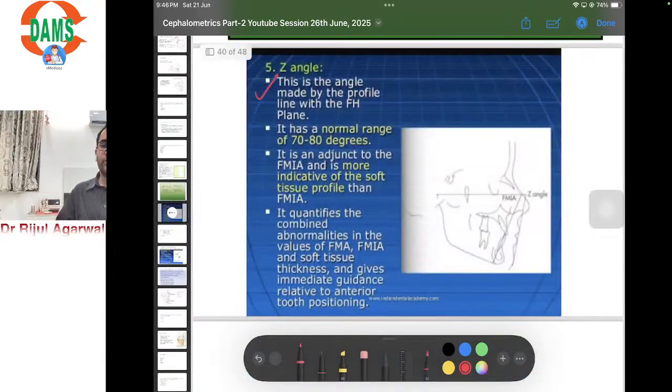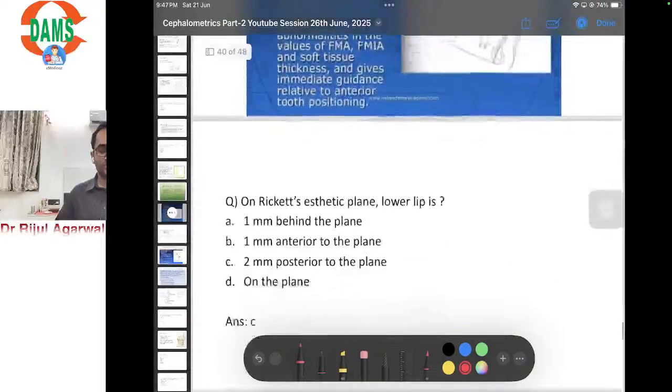So Z angle, as I've told you. Likewise there is FMIA related to the skeletal bony base. So Z angle is the soft tissue counterpart of that FMI angle or facial harmony angle. FMIA was 65 degrees, Z angle should be between 75 to 85, or 70 to 80 degrees some say.